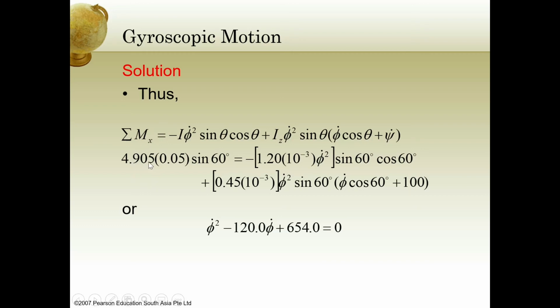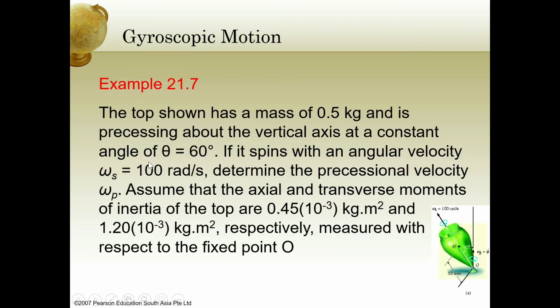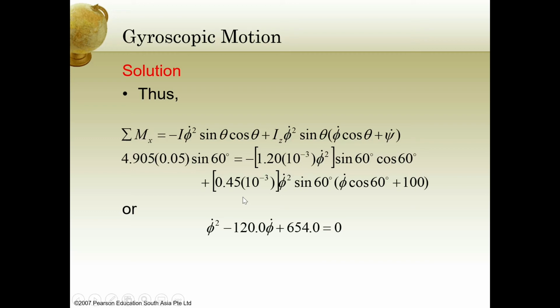Why 4.905? Because that is the weight: 0.5 times the gravitational acceleration. And the length from the center of gravity of the top to the point O is 50 millimeter, which is 0.05 meter, if I'm not mistaken. Okay, and why sine 60?